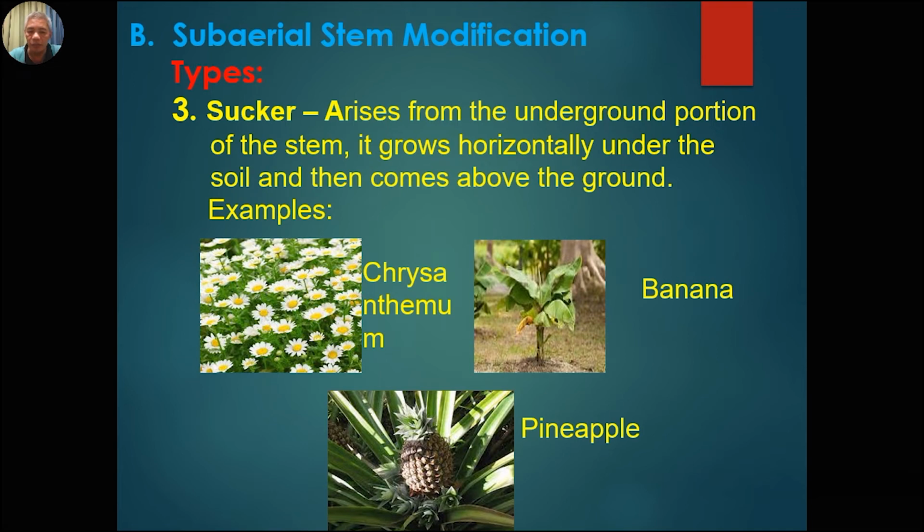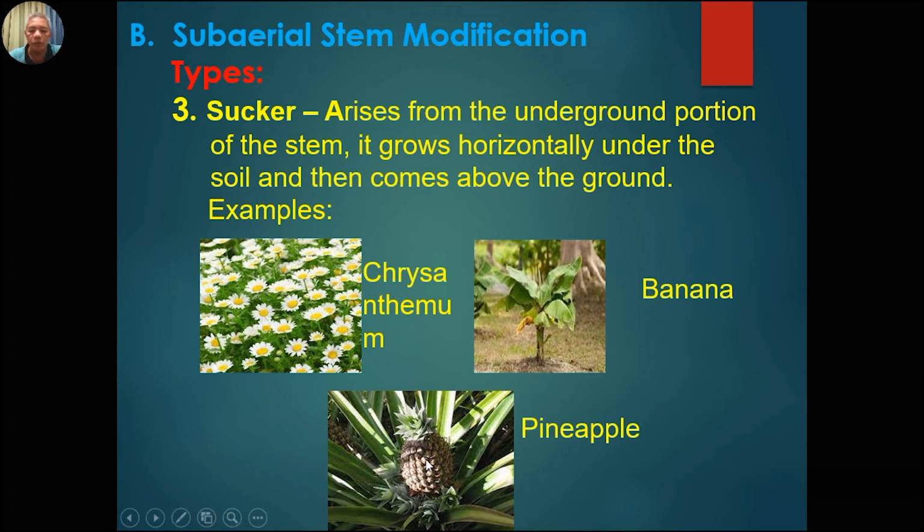Examples are chrysanthemum, where there are shoots growing above the ground from the axil of the leaves, and banana, where there are suckers growing from the base of the plant.